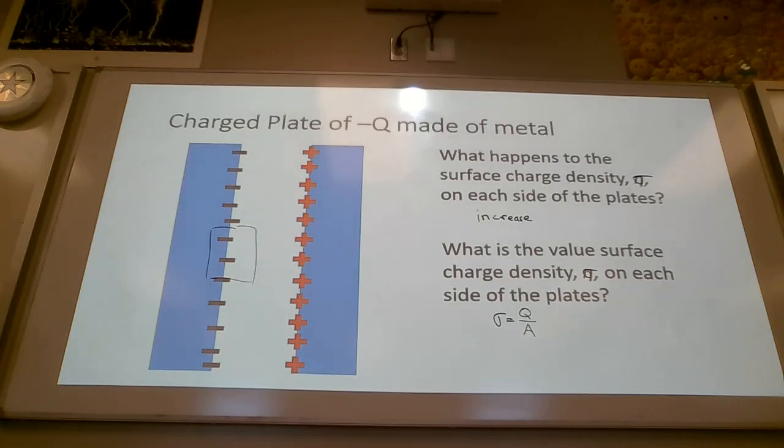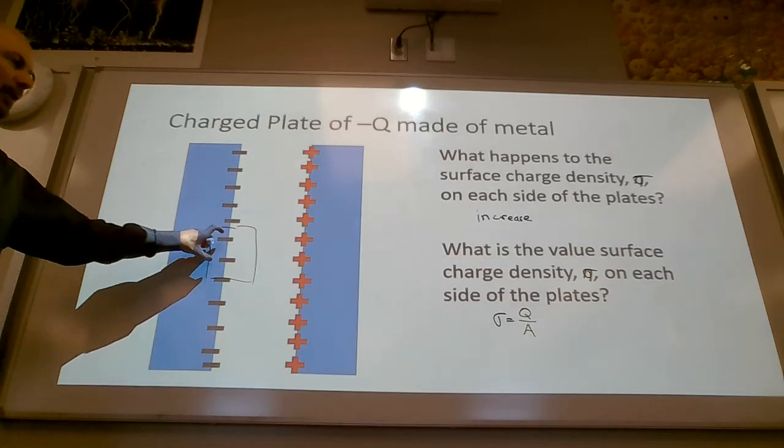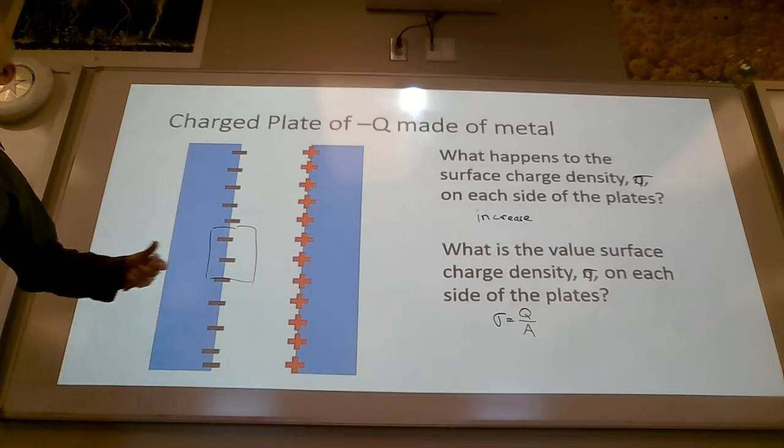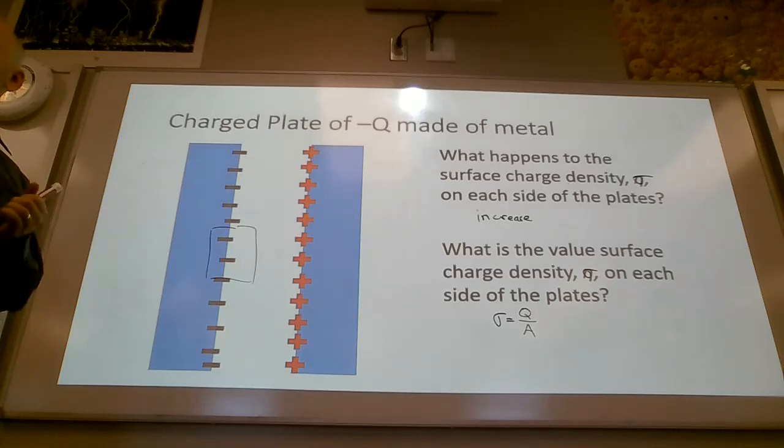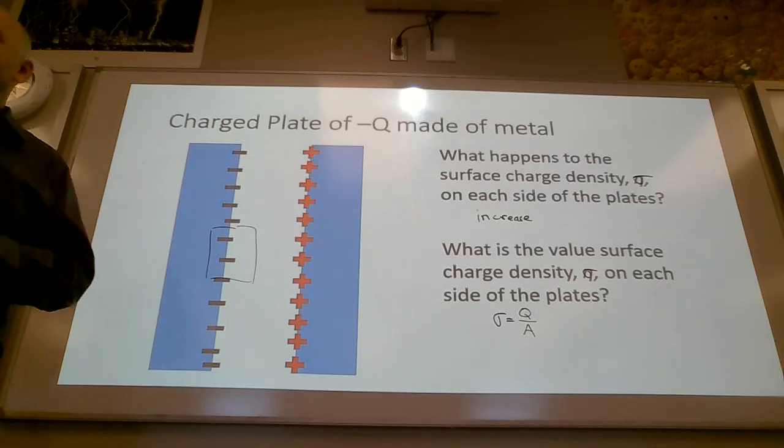Does that make sense? Because these things polarize, you now have a higher concentration of charge per area. Good with that?